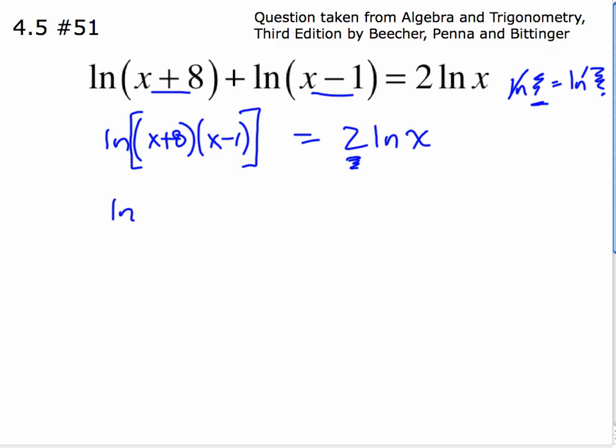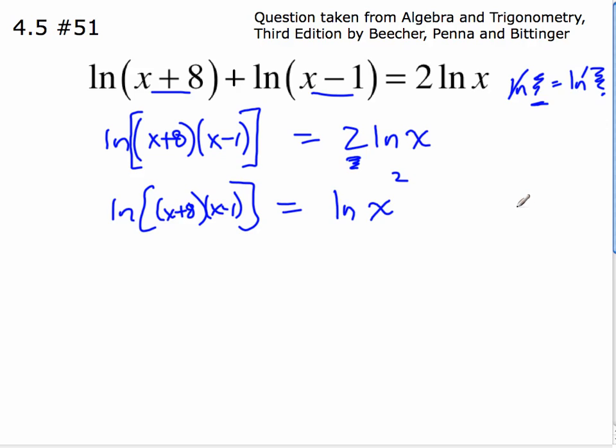So let's rewrite again. So I'll have ln of (x plus 8)(x minus 1) is equal to ln of x squared. Okay, power law. Now I've got ln on this side, ln on this side, and I just have one thing in there, one thing in there.